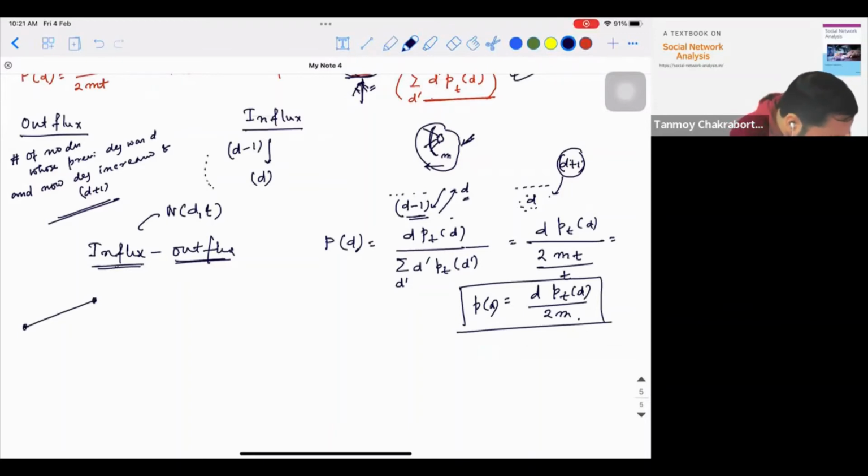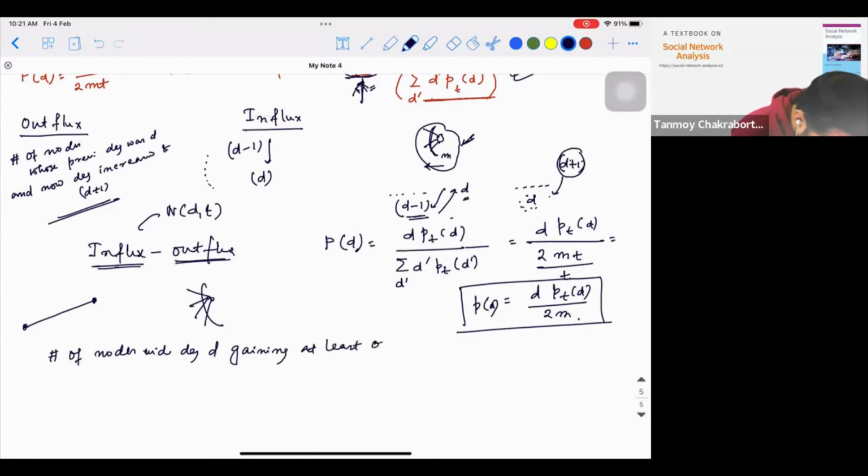So when these m edges are coming in, the number of nodes with degree d gaining at least one edge, because more than one edge is not possible, so gaining one edge due to the addition of the new node. What would be the number?